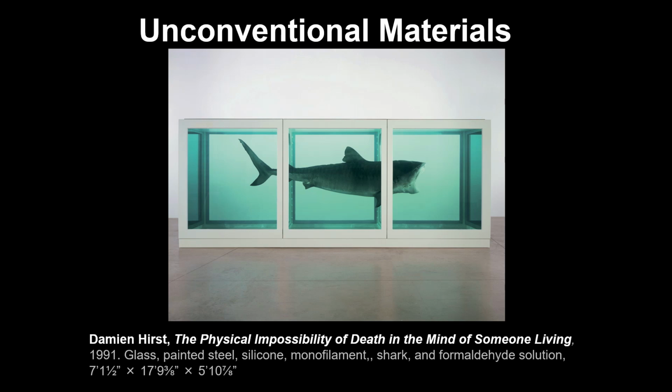Just the kind of wow factor of this and the what-the-hell factor of this certainly is part of the reason. But also Damien Hirst's art deals with a subject that a lot of art deals with, and that is the subject of death. And in this case, it's in the title, The Physical Impossibility of Death in the Mind of Someone Living. So what does that mean?